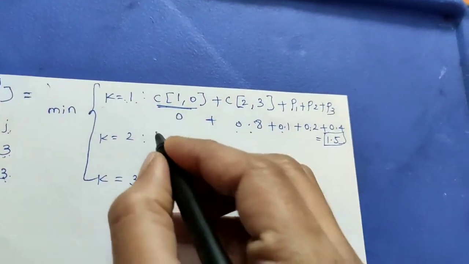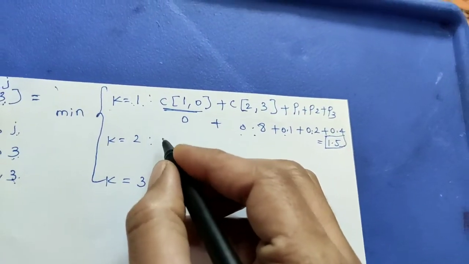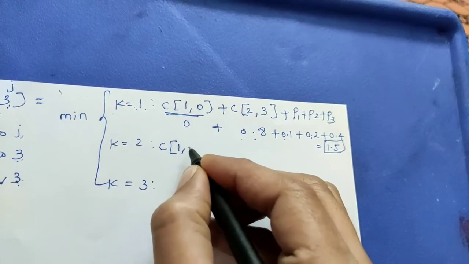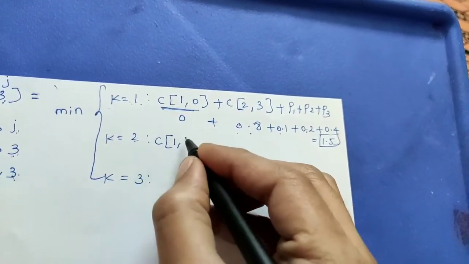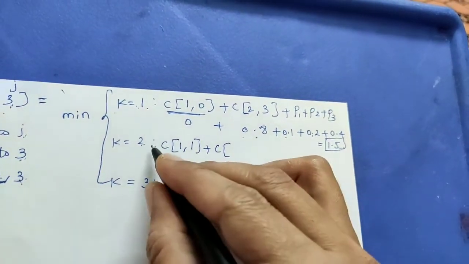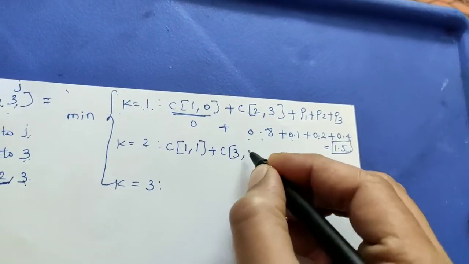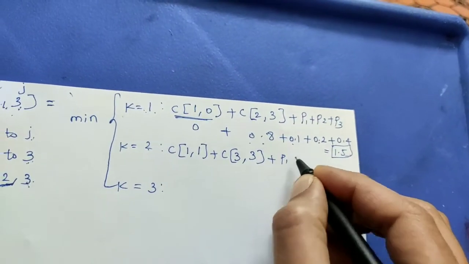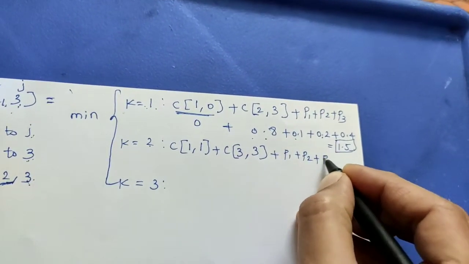Next I will process for k is equal to 2, that is C of i value 1, k value 2, 2 minus 1 is 1, plus cost of k plus 1, 2 plus 1 is 3, comma j value 3, plus P1, P2, P3.